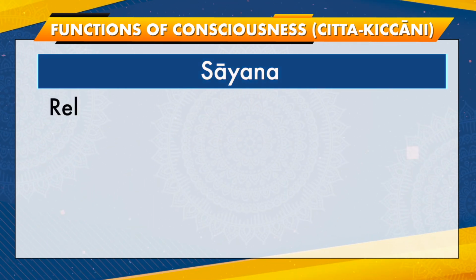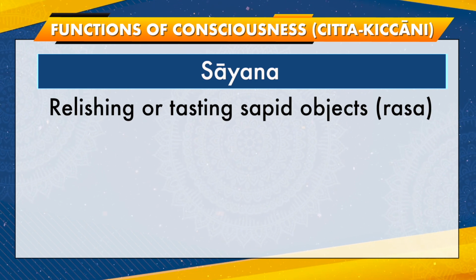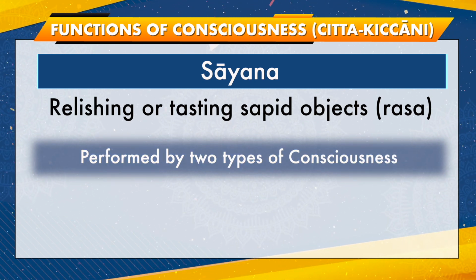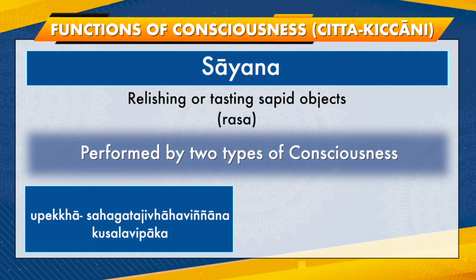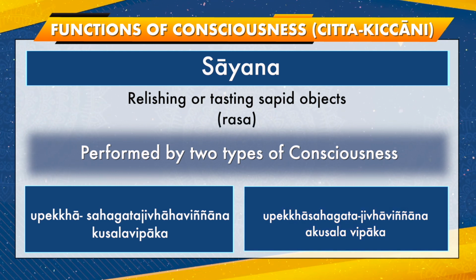It is the act of tasting the flavoured objects, Rasa. There are two types of tongue consciousness which perform the act of Sayana, namely Upekha Sahagata Jihva Viyana, Kusal Vipak and Upekha Sahagata Jihva Viyana, Akusal Vipak. Then next is Fusana.